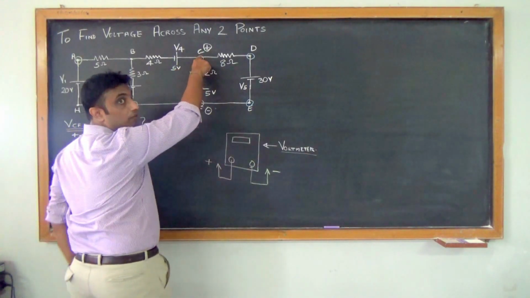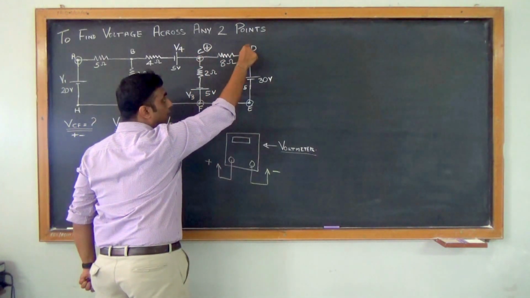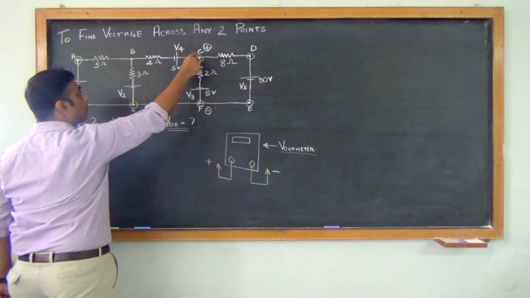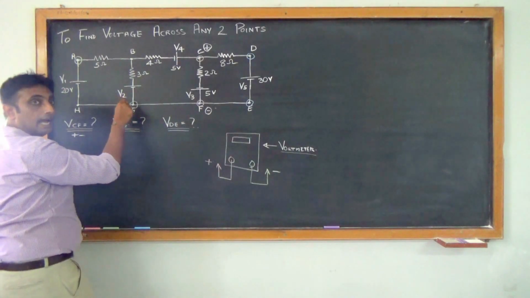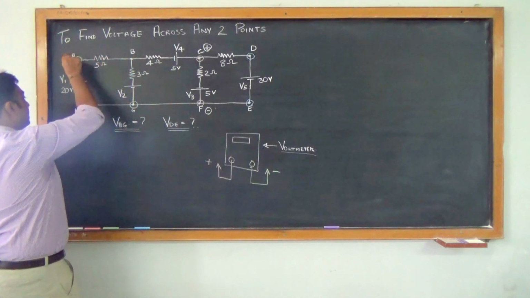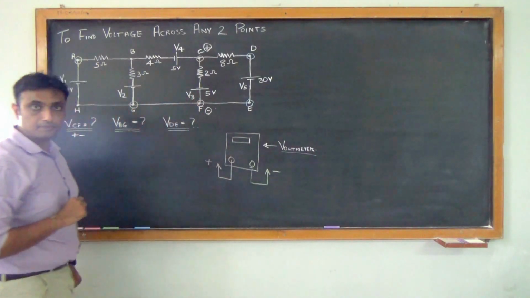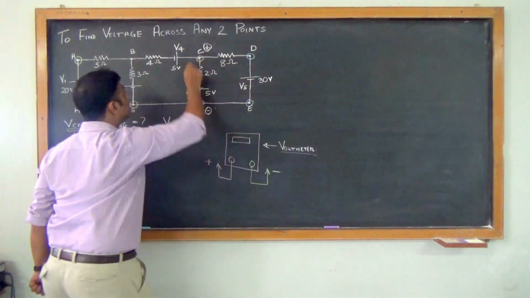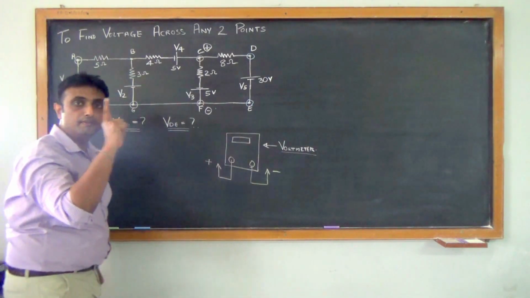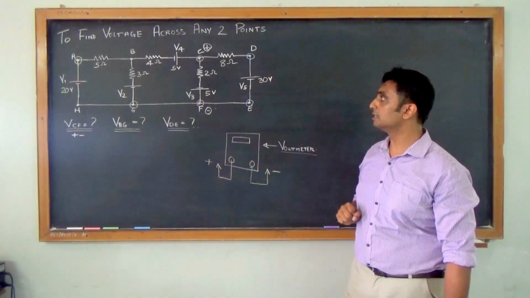Now I can even go via this loop as well. This will be from C to D, from D to E and E to F. In the same way, I can even go from C to B, B to G and G to F. Another way could be from C to B, B to A, A to H, H to G and G to F. No matter which way you take, whether it is the long way or the short way, your answer will be the same, maintaining the equilibrium in the circuit.